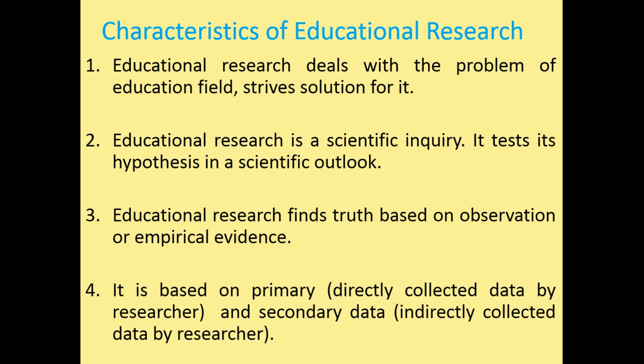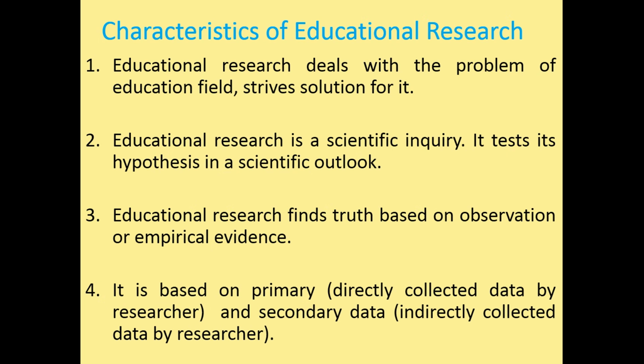Characteristics of educational research. Educational research deals with the problem of education field. It strives solution for it only. Educational research is a scientific inquiry because testing of hypothesis is included in it. Educational research finds truth based on observation or empirical evidence.